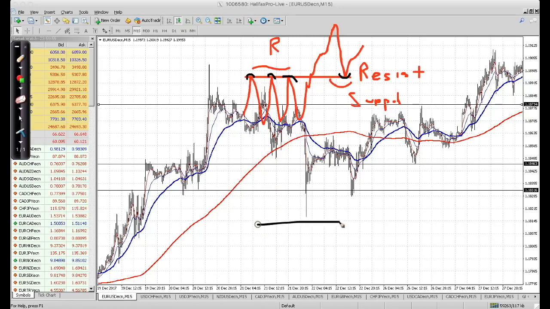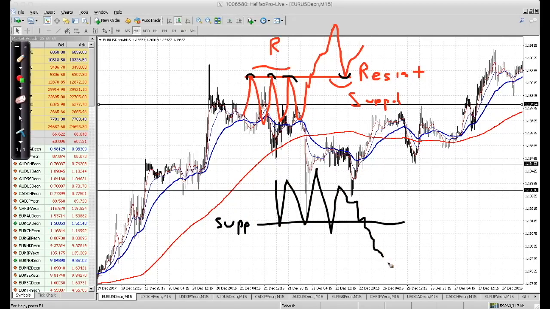Similarly, if this is a support level, and the price goes test 1, test 2, test 3, and it breaks that level, what happens? If it comes up again, oftentimes that support will become a resistance, and goes down. Okay, so there are traders who look at a resistance level, and when it breaks above the resistance, they wait for it to come back down again.